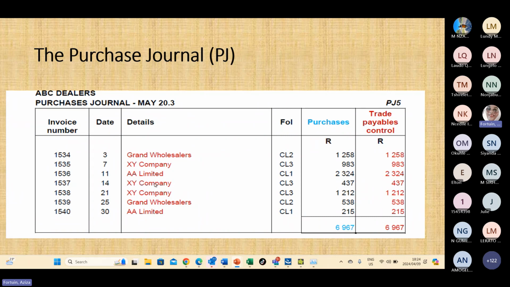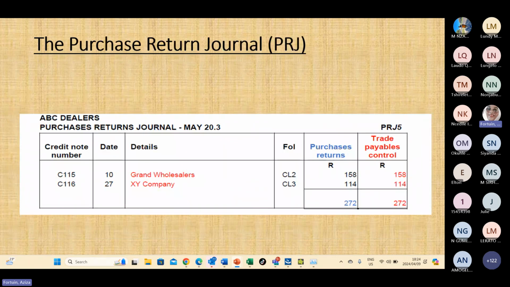So let's move on. Then you get a purchase return journal, and this is when you return stock that you no longer need. So you will have a credit note number, a date, and detail. Why credit note number? They probably don't give money back. Okay, details, grand wholesaler, XYZ company, and this is your folio credit ledger 123.